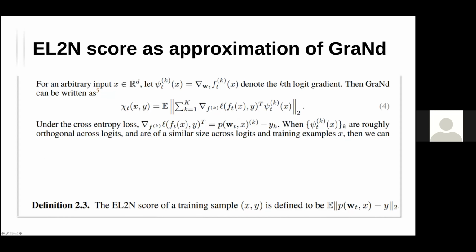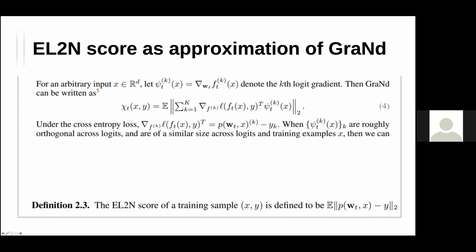For any sample (x, y), the gradient with respect to the weight w, they just expand it by the chain rule. First you calculate the gradient with respect to the logit layer, and then multiply by the gradient of the logit layer with respect to the weight.